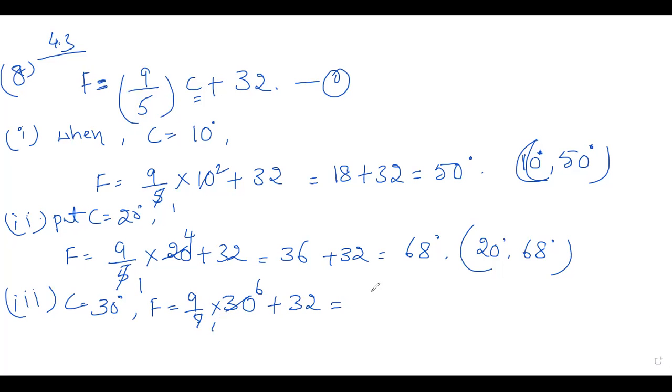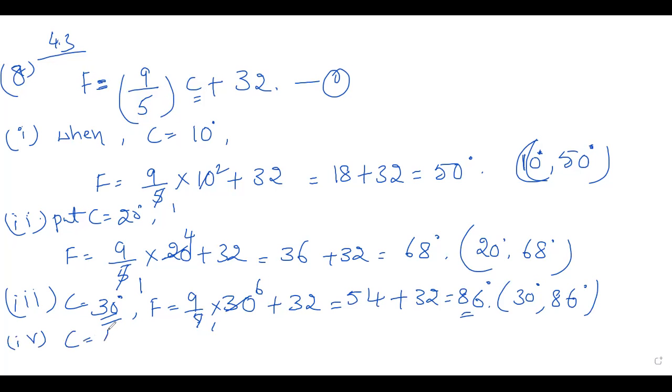Multiply 9 into 6, that is 54, plus 32 is equal to 86. So the points are 30 in Celsius, we have taken, and in Fahrenheit what answer comes? 86.